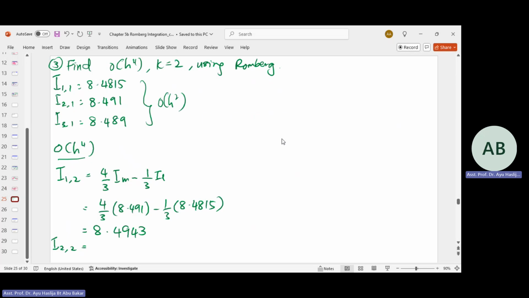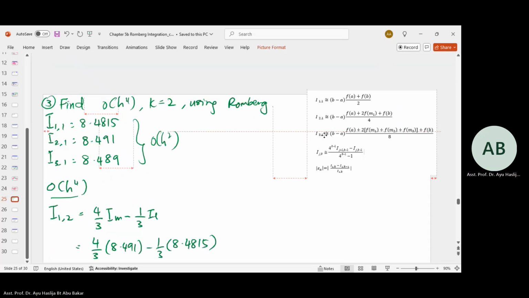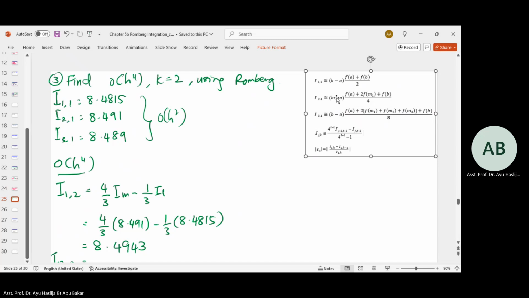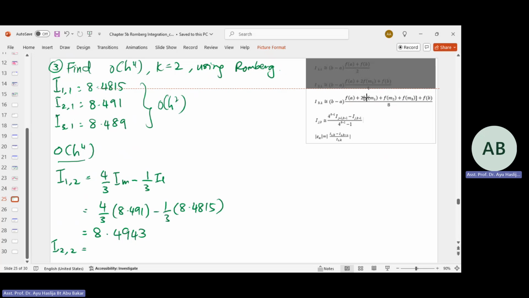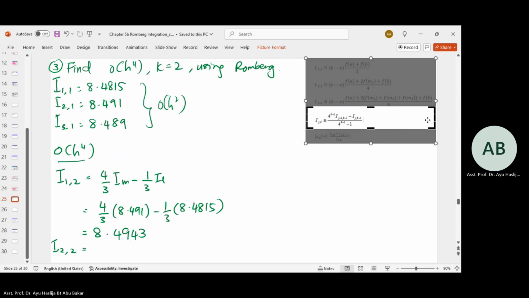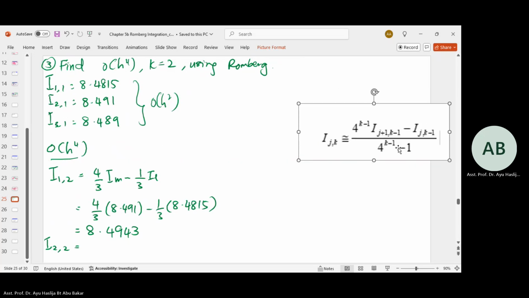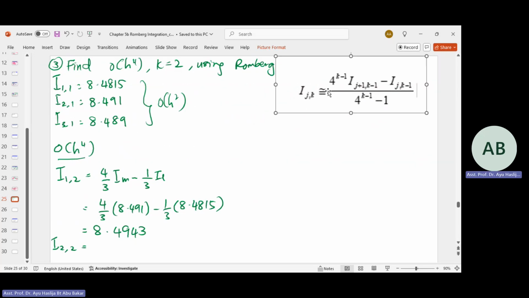I copy it here. Wait, I crop only the important one. Okay, this equation. If you sub all the values over here, at the end, you will get I21 minus I11.